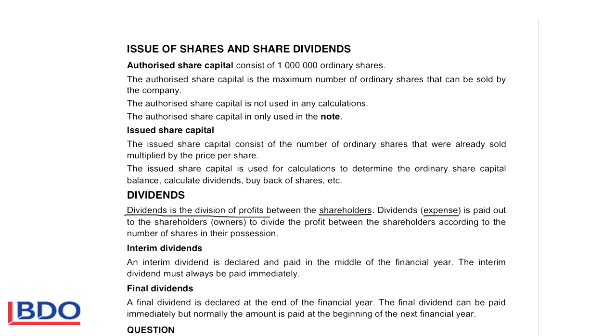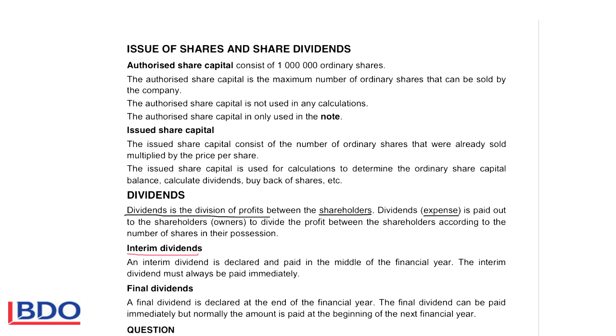Interim dividends is paid in the middle of the year. So some of these shareholders invest all their money in shares. That means the only income that they have is out of the dividends that they receive from the profits of the company. They don't only want to receive money once a year.